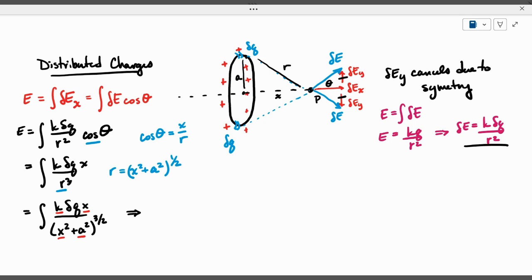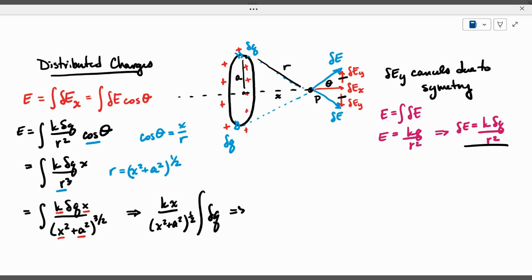So now I get k x over x squared plus a squared to the 3/2 times the integral of dq. Oh, dq. Love those blizzards. Always bring me joy. Well, the integral of dq, that's pretty easy. That's just q.